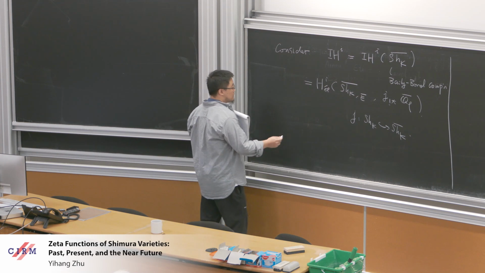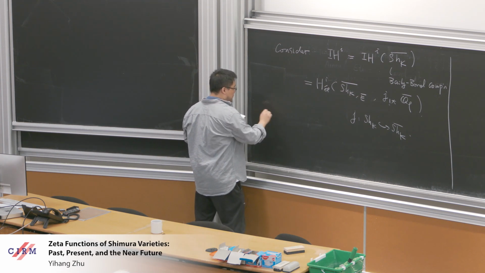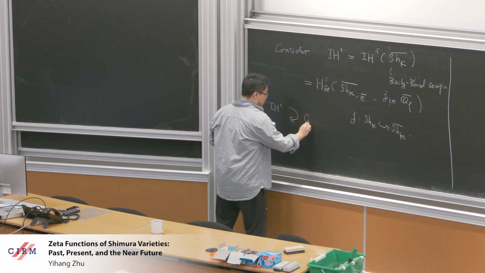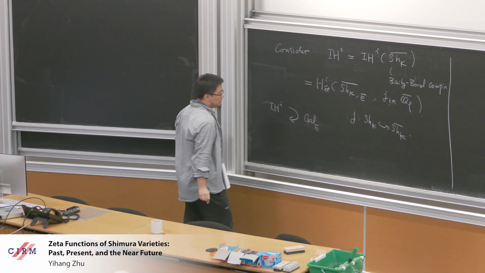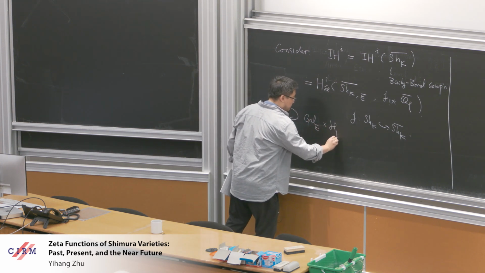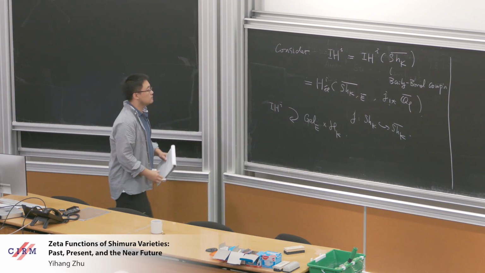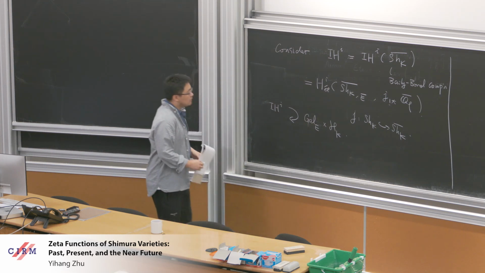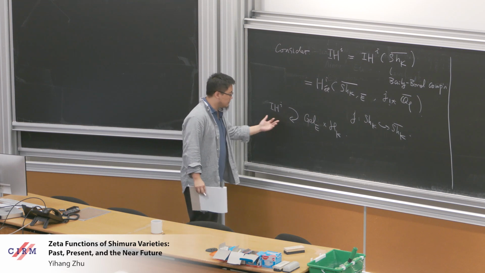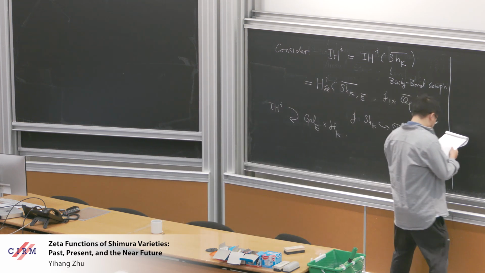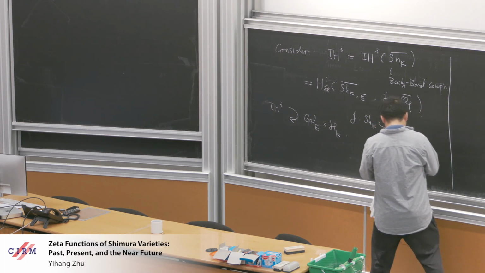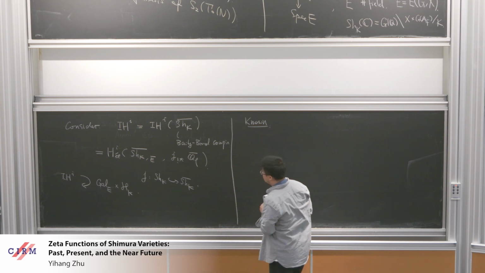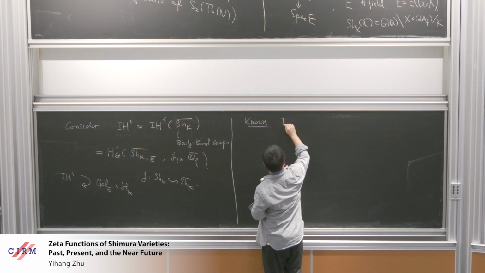Okay, so then on this IH^i, you have commuting actions simultaneously by the absolute Galois group of E, and the Hecke algebra of level K. I have omitted the notation K here, but the Hecke algebra of level K and the Galois group act on here. And it is known that as a Hecke module, this IH^i has a nice decomposition.